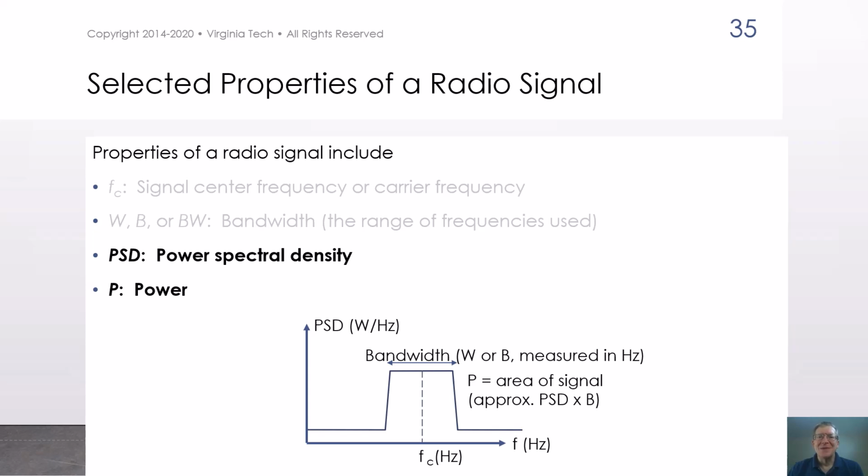And in our simple example, where the signal is nearly rectangular in the power spectral density versus frequency plot, we can get a close approximation of the signal power by multiplying the signal's power spectral density by the signal bandwidth. The minimum level of the power spectral density shown in the plot outside of the signal bandwidth is caused by a phenomenon known as noise that we will discuss later.